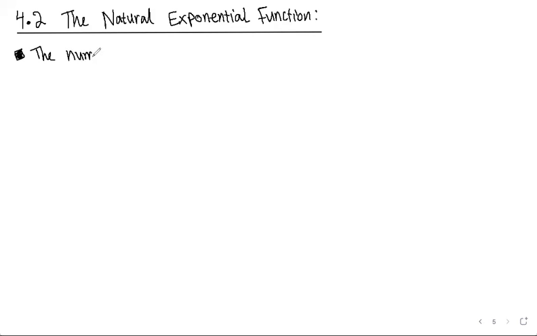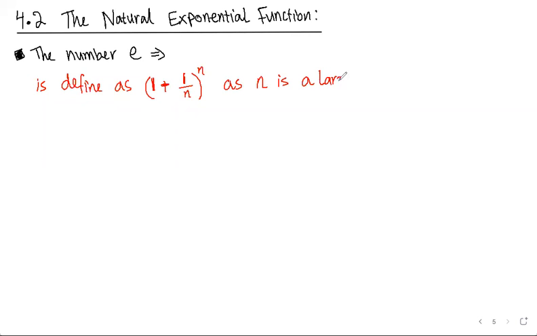The number e is defined as 1 plus 1 over n, to the n, when n becomes a large number.